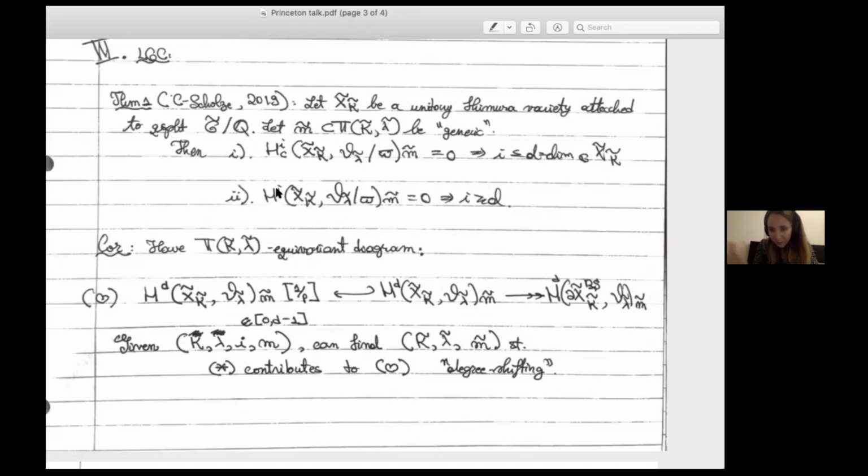And so perverse sheaves will give you essentially these inequalities. We also have a stratification on this Hodge-Tate period domain, the target of the p-adic period morphism.